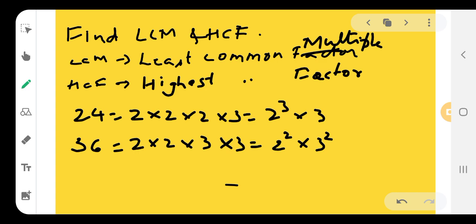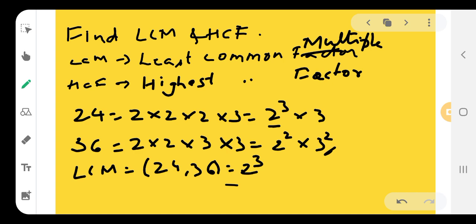Right. Now here LCM is what? So LCM of 24 and 36: here we will take the highest power. What is the highest power here? In 24 it is 2 cube, and in 36 it is 3 square.